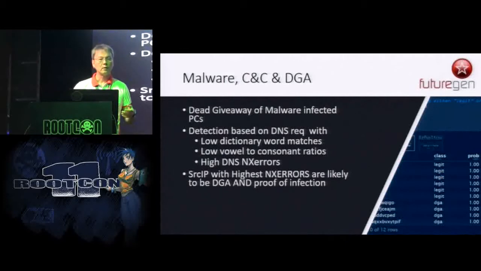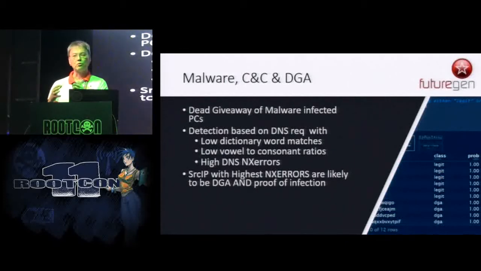Our goal is to be able to detect when a malware infection starts in our network, and then once it starts, try to determine which is the valid DGA to block. Alright, that's our goal.